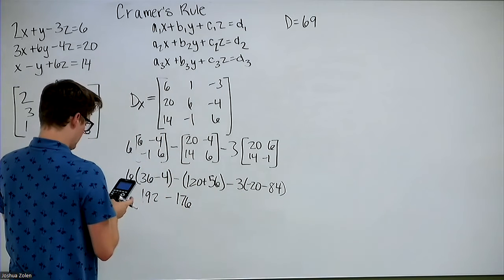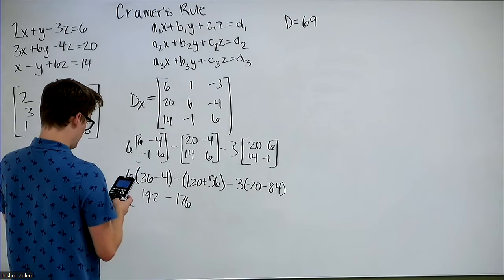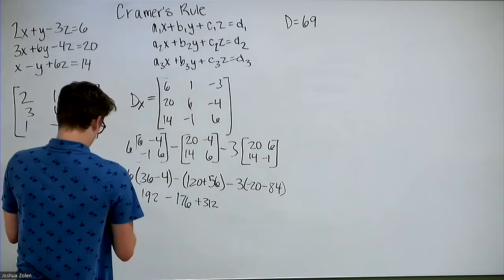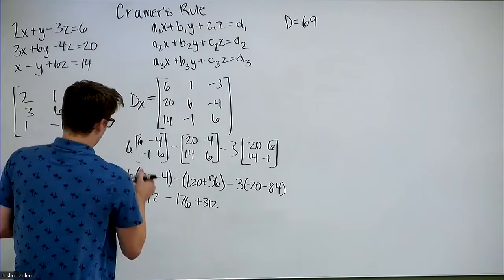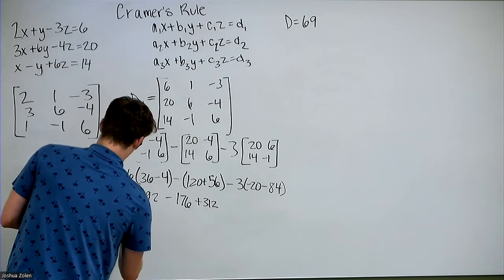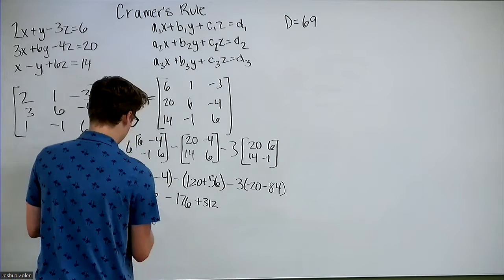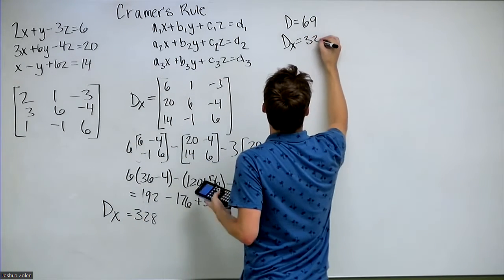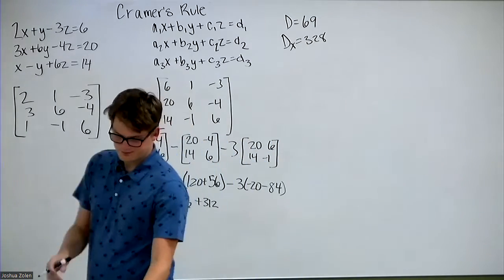Negative 20 minus 180 or minus 84 is negative 104 times negative 3 gives us 312. And then this tells us that the determinant of x is equal to positive 328. So we'll write that one up here as well.